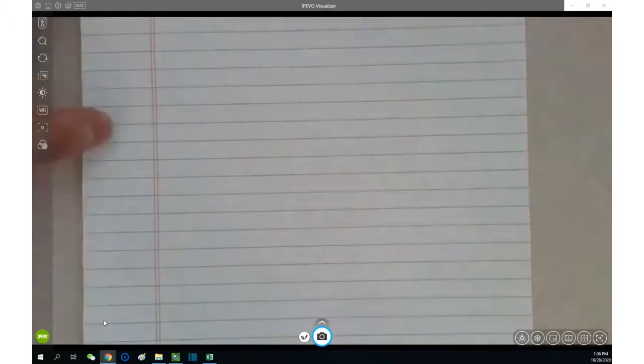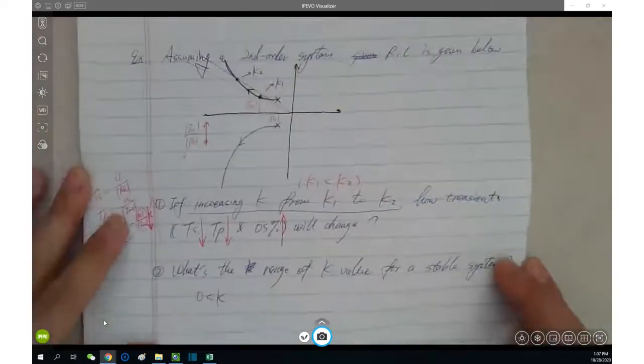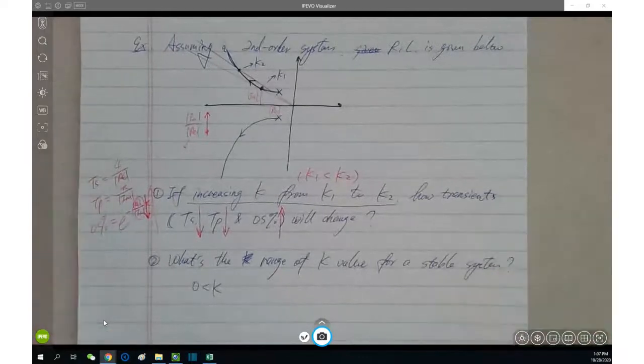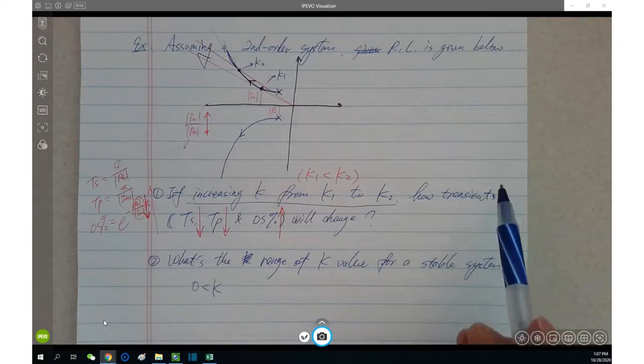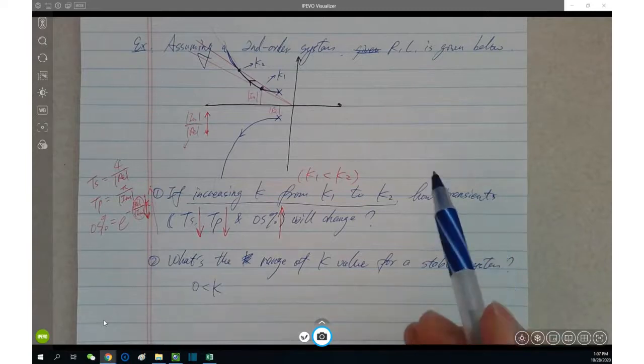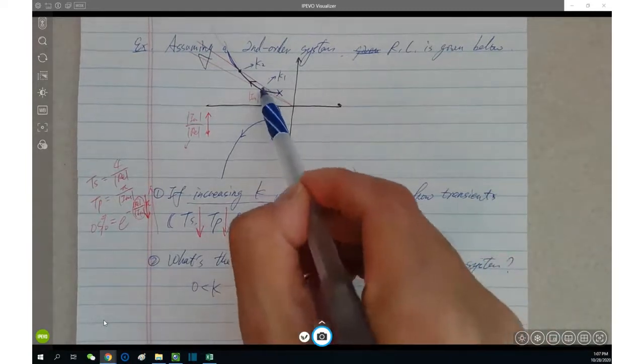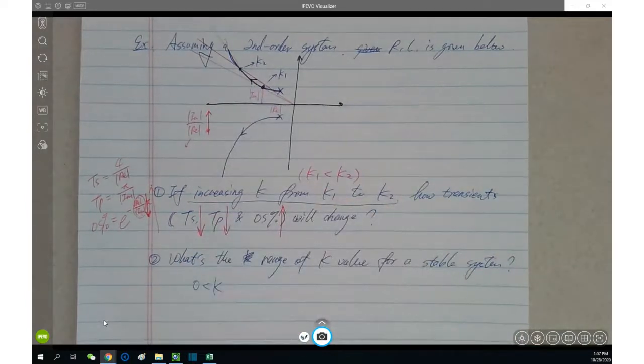And based on these concepts, let's actually have a small example, because recalling last lecture, we had a small example like this. This small example is trying to clarify the concept here. So given the root locus, by observing it, you judge first how the transient Ts, Tp, and overshoot change from K1 to K2, or say from point 1 to point 2.